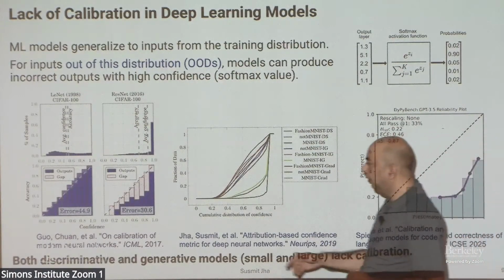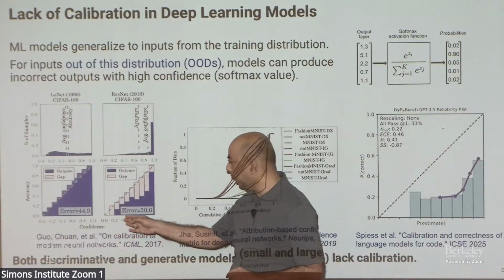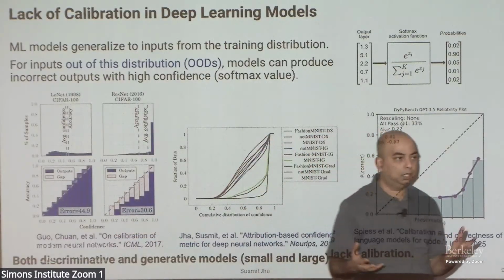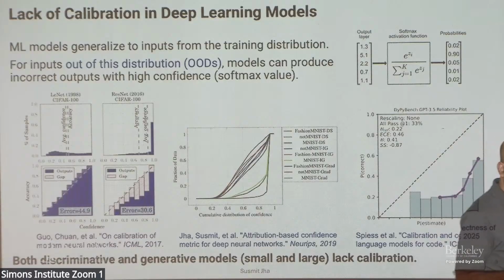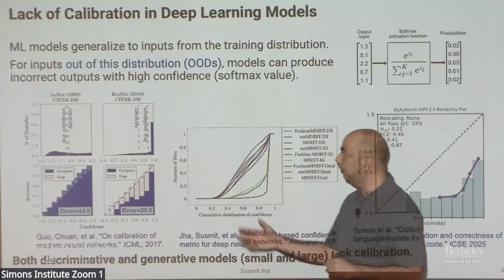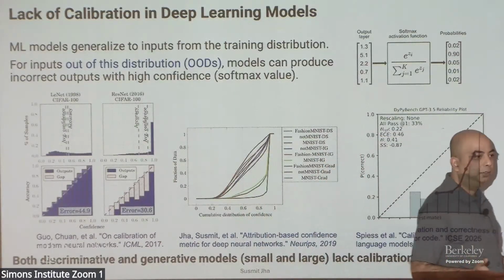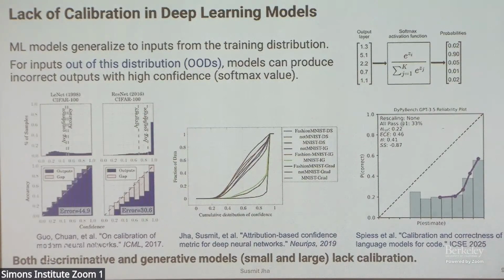What you're looking at here is a plot where the x-axis is the confidence of the model in different buckets, and the y-axis is the accuracy. If your model is well calibrated and is able to quantify its uncertainty correctly, this should track the x equals y line. Because if you're very confident, you have to be more accurate. If you're less confident, you have to be less accurate. And what happened is that between LeNet and ResNet, the accuracy improved, but the calibration became much worse.